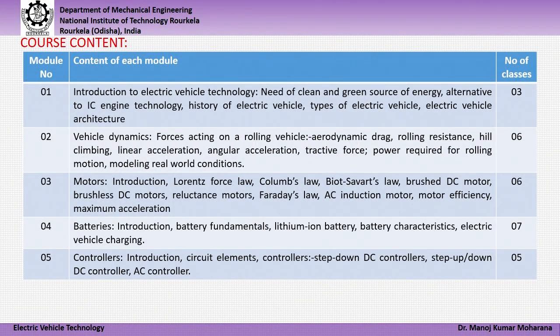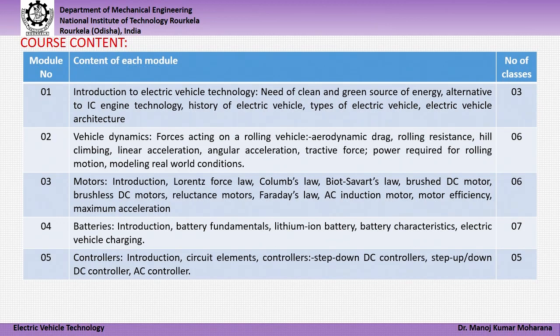Then in the third module, we will learn about the motor, which is the heart of this EV, which is an alternate to an engine that is used in a conventional petrol or diesel based vehicle. To understand the function of motor, we need to have the knowledge of background theory like Lorentz force, Coulomb's law, Biot-Savart law.